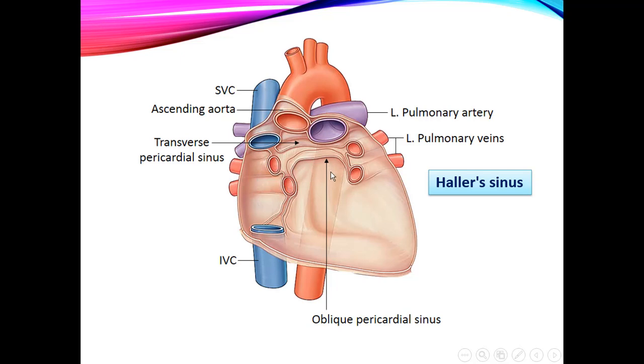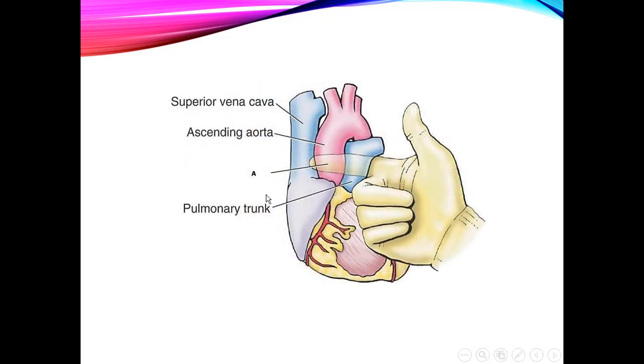The second sinus or recess is the transverse pericardial recess, located among the great vessels, and here you can see the finger within the transverse recess, which is also called Theile's sinus or Theile's recess. As you see, the transverse sinus is located behind the pulmonary trunk and ascending aorta and in front of the SVC or superior vena cava.